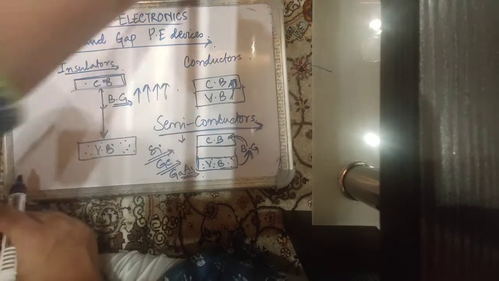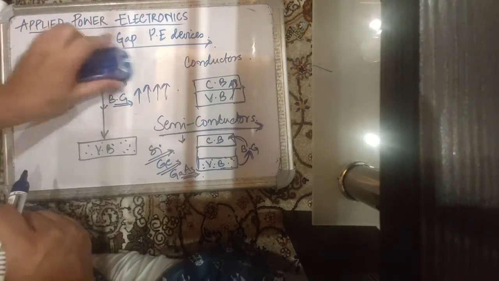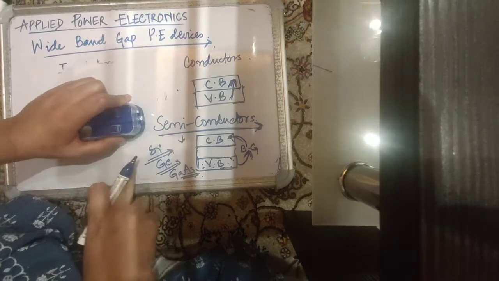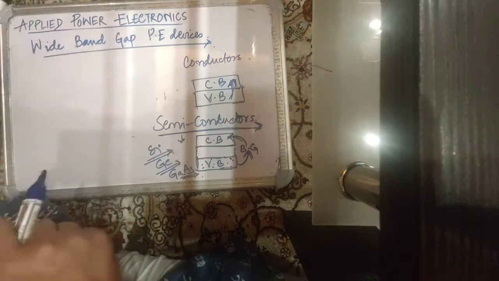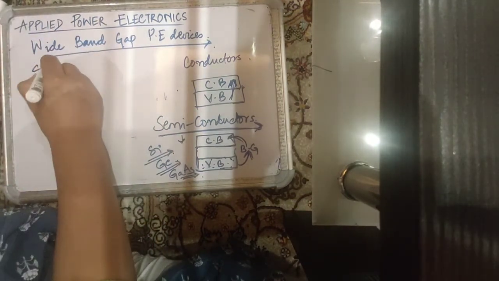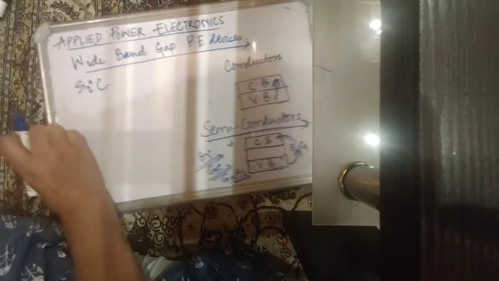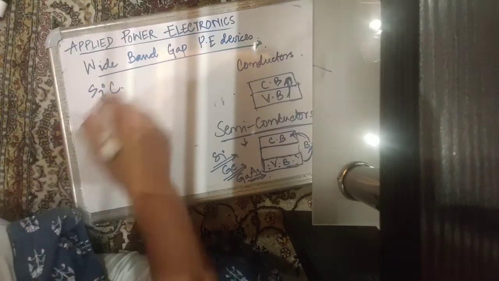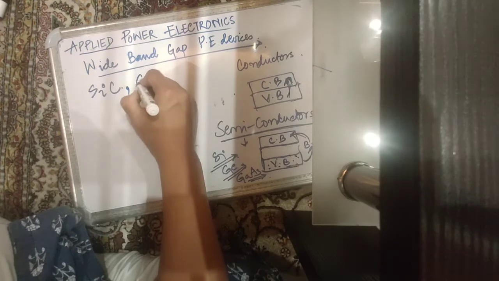Now, when we talk about wide band gap power devices, power electronic devices, they are not made of silicon or germanium or gallium arsenide, but they are made up of either silicon carbide, which is a compound of silicon and carbon, or gallium nitride.